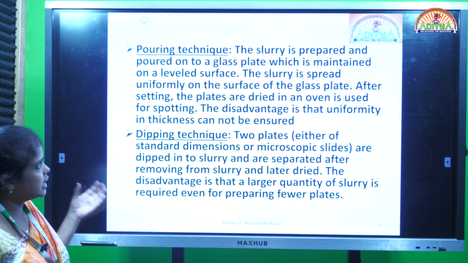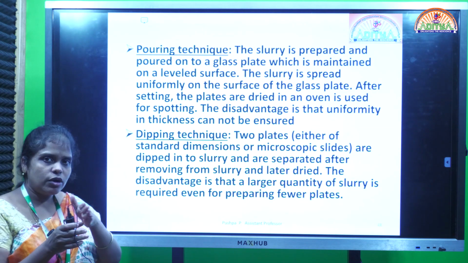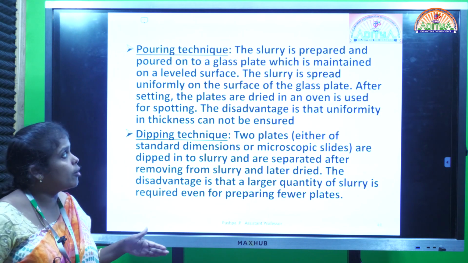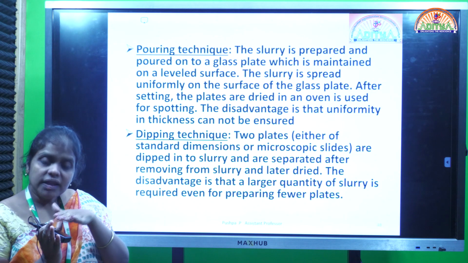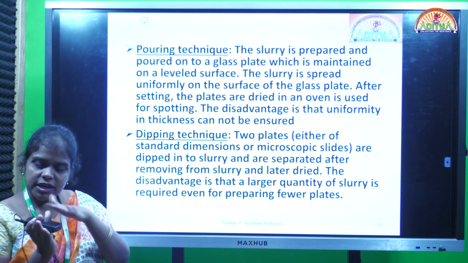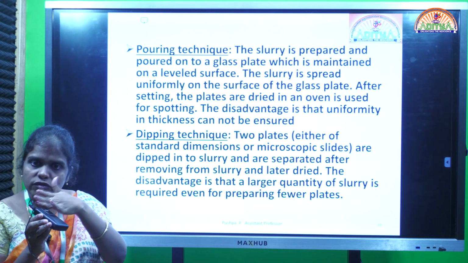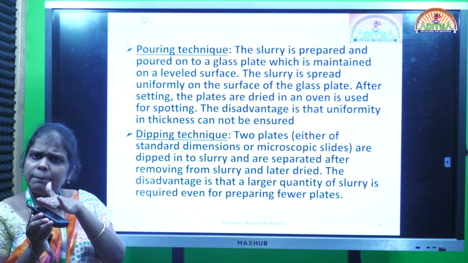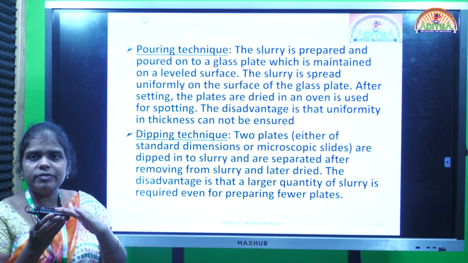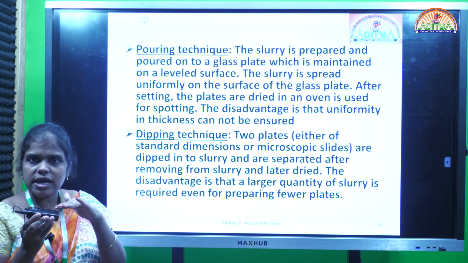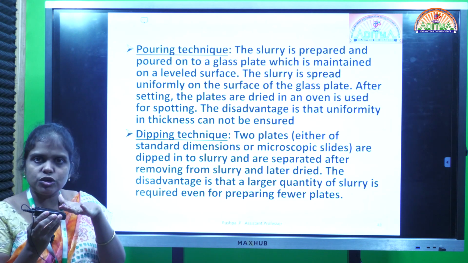First we take the slurry, and we pour it on the glass plate uniformly and very carefully, because from the starting till the end you have to pour the slurry with uniform thickness on all the sides and also on the middle surface. The overall surface should be uniform.